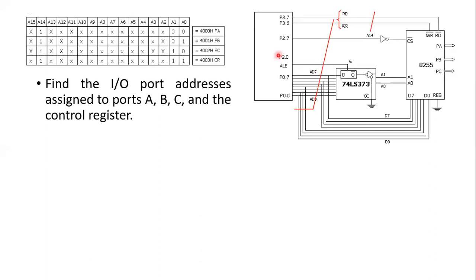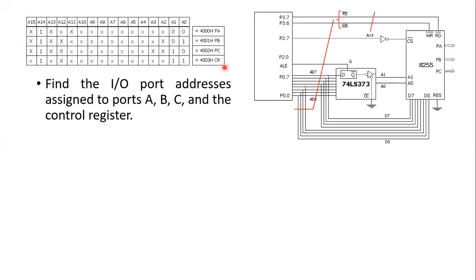Similarly, if it is for port B, what do you have to do? Yes, the same connection is there. The only thing is we have to change the address bits to 01, and it will become 4001H. So port B can be selected. Then, again the connection remains the same, 10 for port C and 11 for the control register.